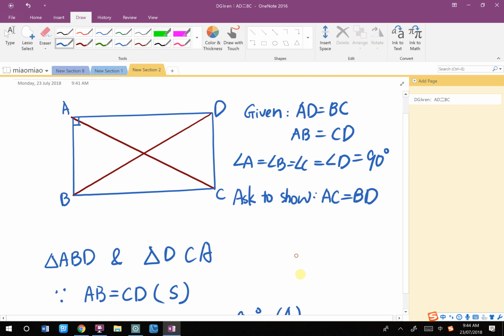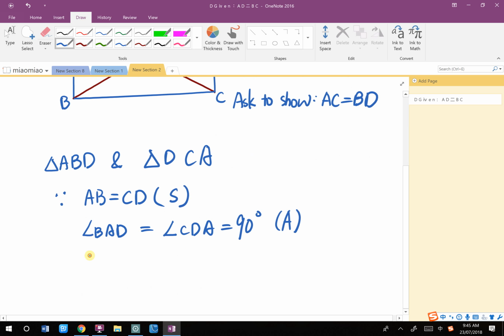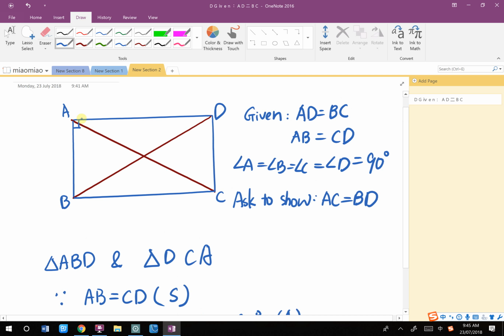And also you have AD equals DA, that's the same side. I'm not using AD equals BC because I don't need it, because the two triangles I select don't include BC. See the two triangles I use?